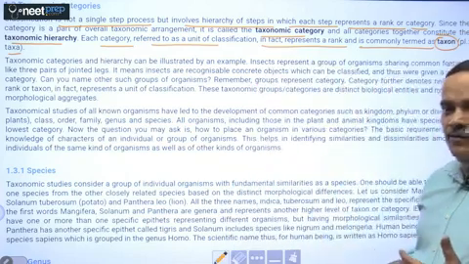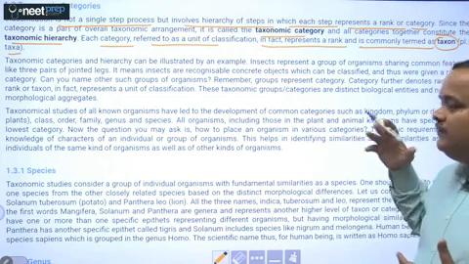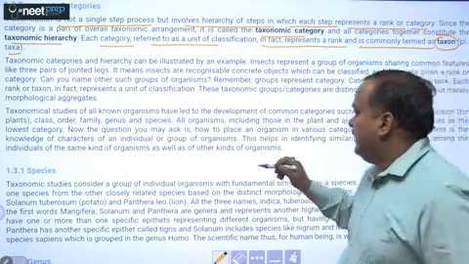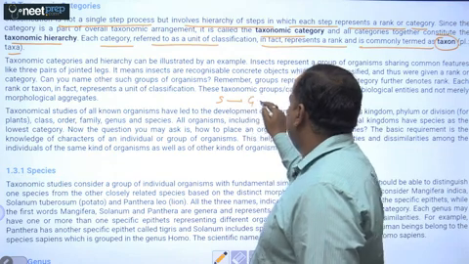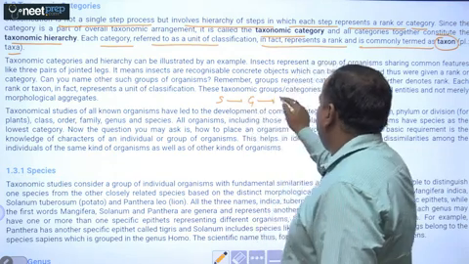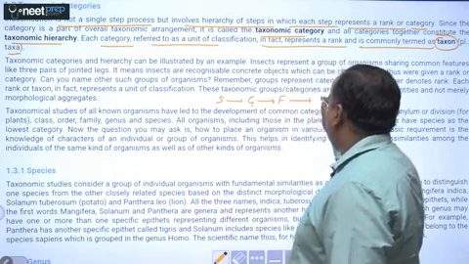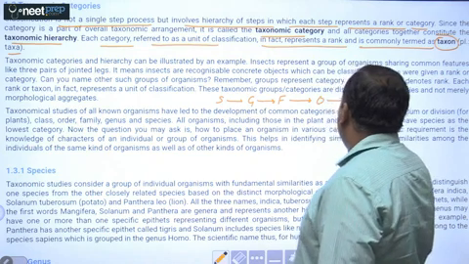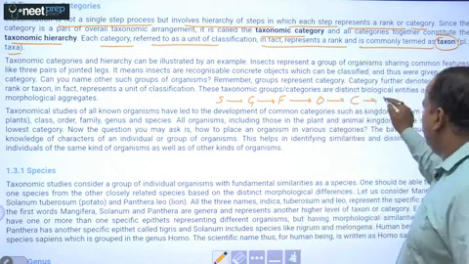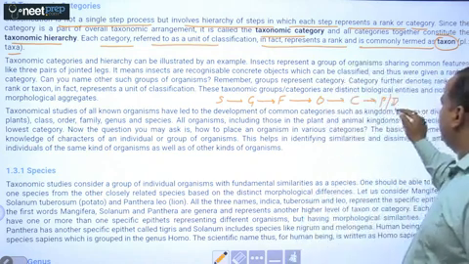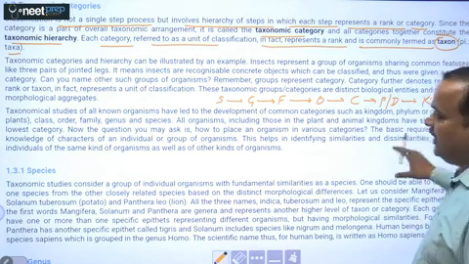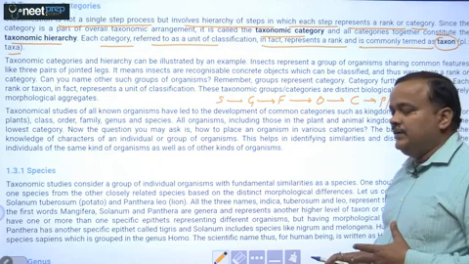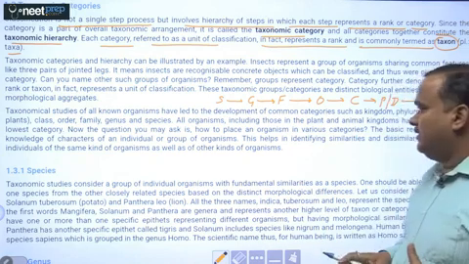So in classification we have 7 obligate categories, that is species, then genus, then family, then order, then class, then phylum in case of animal and division in case of plant, and then finally kingdom. So these are the 7 obligate categories that we have to study in this taxonomical category.